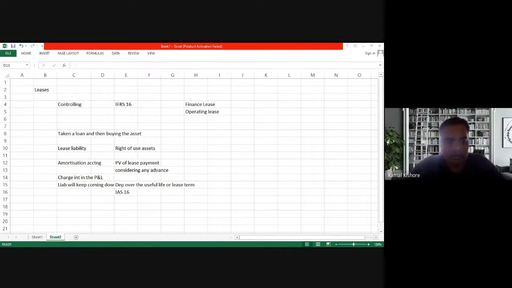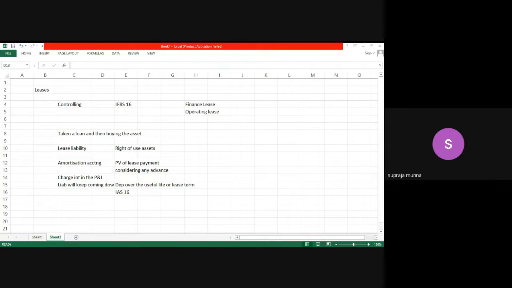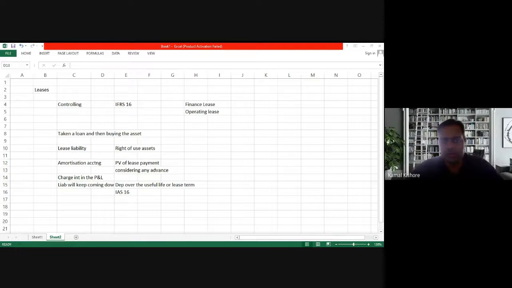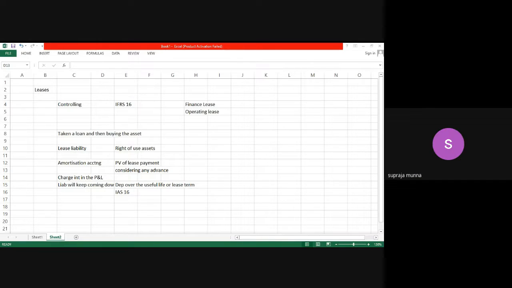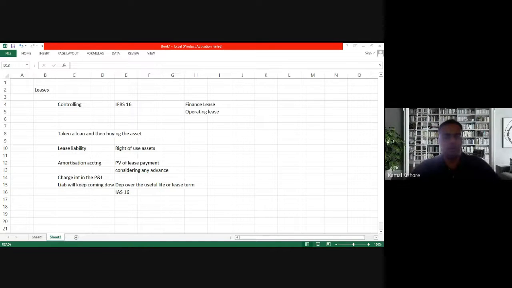If you can go to the lease chapter, chapter number 8, page number 158, where they're talking about what is lease liability, like how do you measure the lease liability?